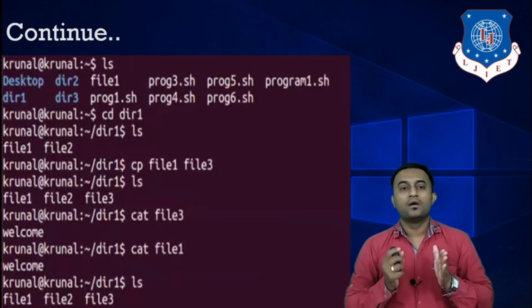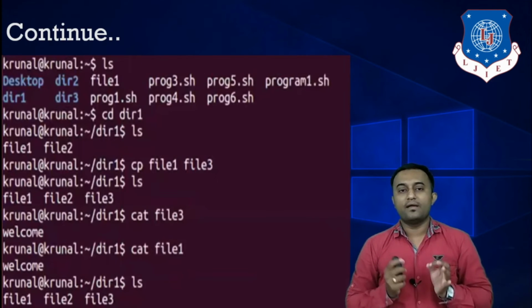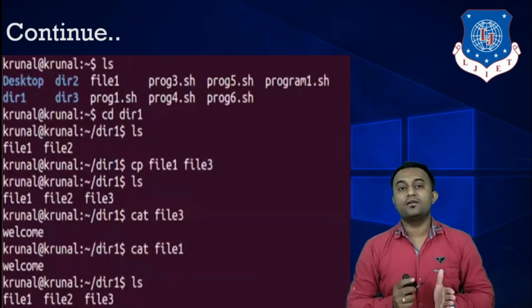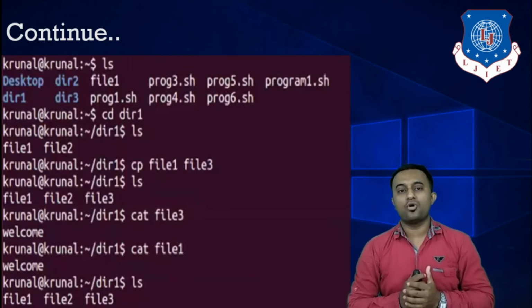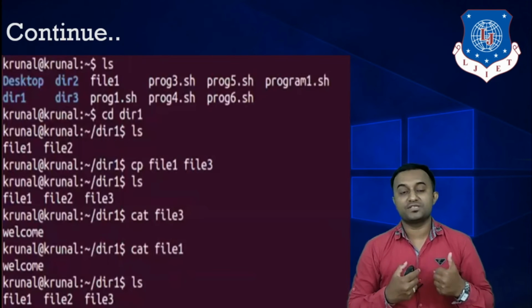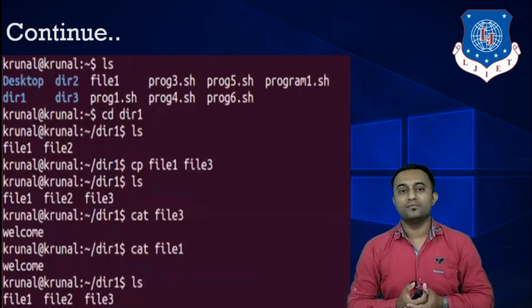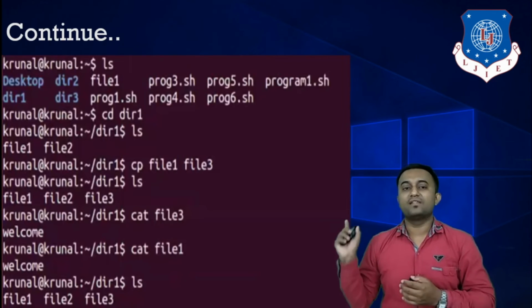It means once you execute this command, afterwards you need to fire the ls, you need to check whether the content of the source file is copied into the destination or not, or we can say whether the destination file is created or not. For that you need to fire the ls command. So yes, you can see file 3 is there.